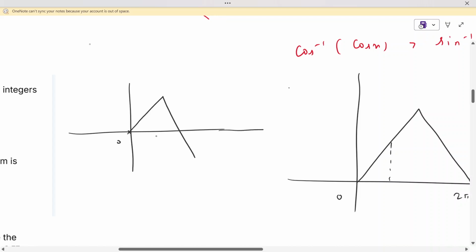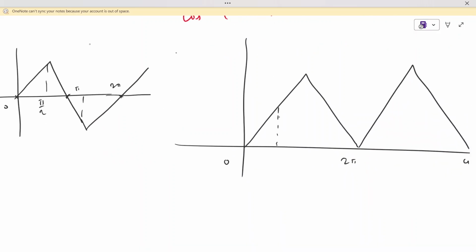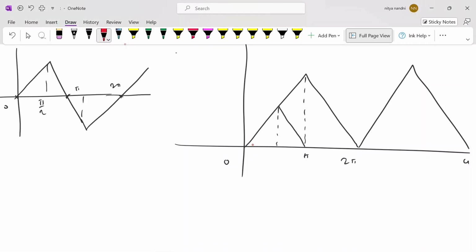This is 0, this is pi by 2, this is pi, this is 2 pi. So 0 to pi it will look this way, and after that, at this particular point pi, it will go like that.